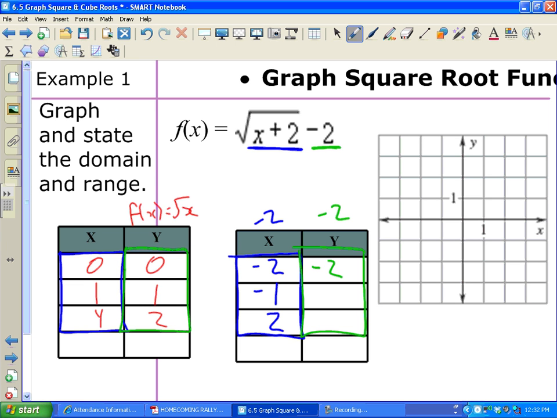This will be 1 minus 2. And this will be 2 minus 2, or 0. That's my change. The function is going to be similar, but it's basically just moved 2 units to the left on the x and 2 units down on the y. We will graph the child. That's the graph. F of x, square root of x plus 2 minus 2, has these coordinates in it. So that's all I need to graph.